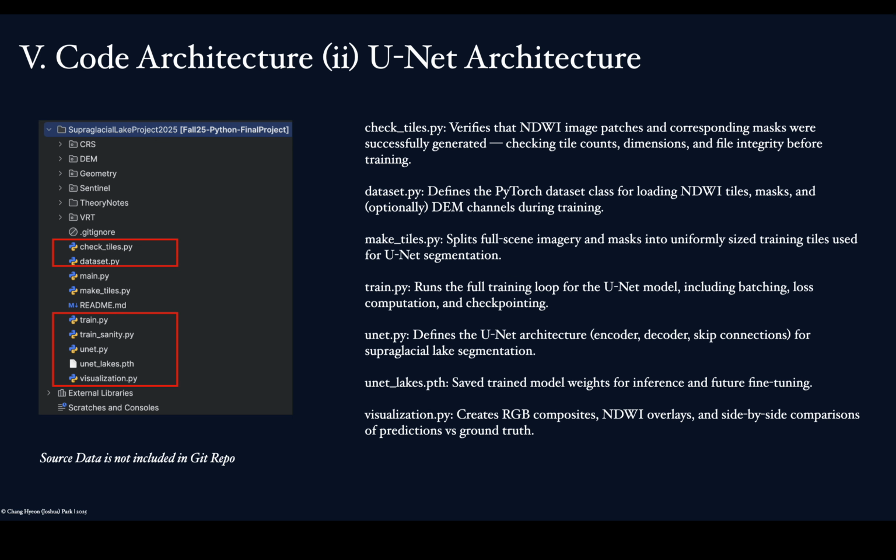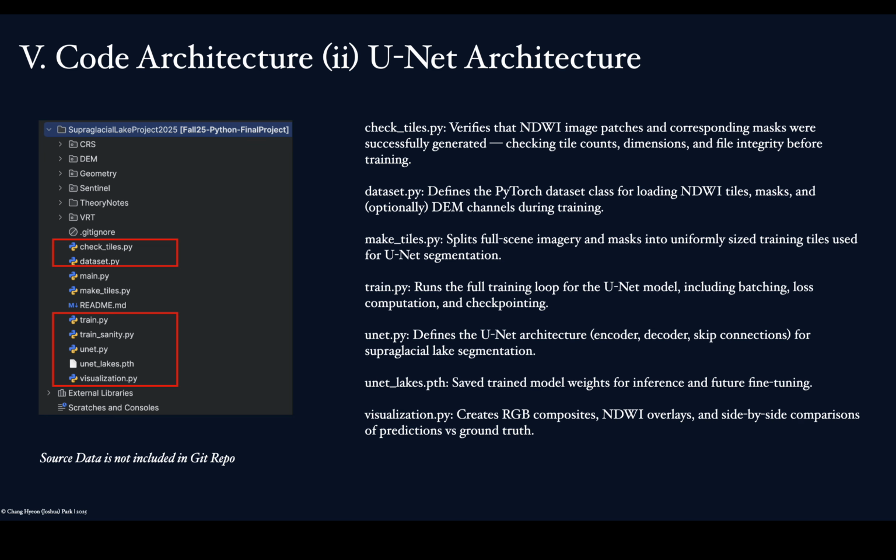And the second portion of the code architecture is the UNet architecture, where check tiles verifies that NDWI image patches and corresponding masks were successfully generated. Make tiles first splits full scene imagery and mask into uniformly sized training tiles used for UNet segmentation, and then converts them and stores them in dataset.py, where it defines the PyTorch dataset class for loading NDWI tiles, masks, and DEM channels during training.